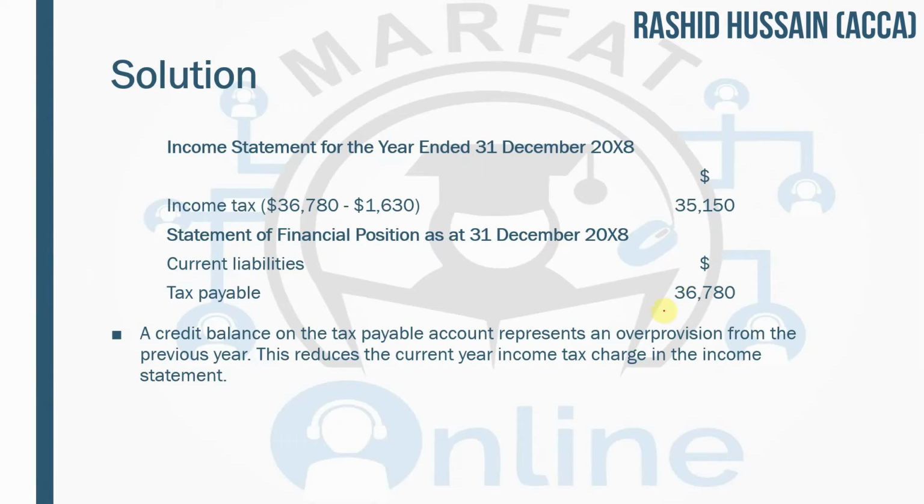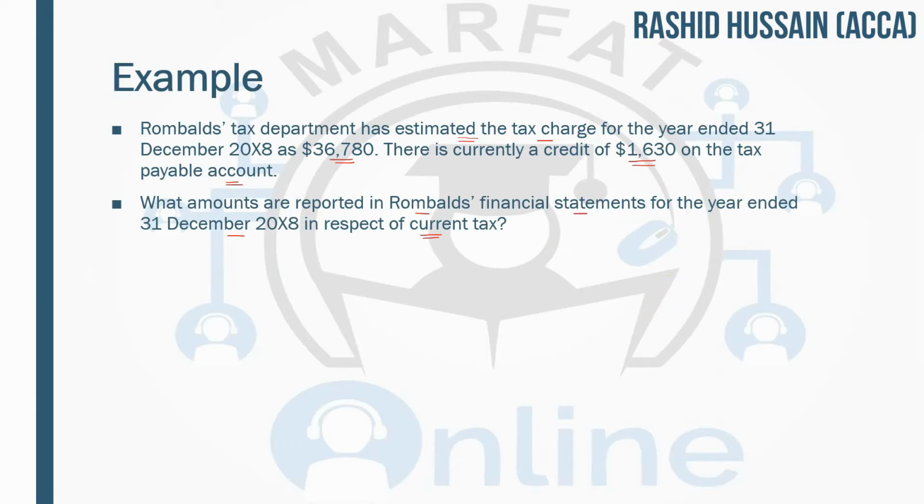So in the tax liability, we'll present 36,780, and in the statement of profit or loss, the over provision will reduce the current year tax charge, and the net tax expense is going to be 35,150. So remember this thing for the exam, that over provision represents the credit balance and it is going to reduce the current year tax charge.